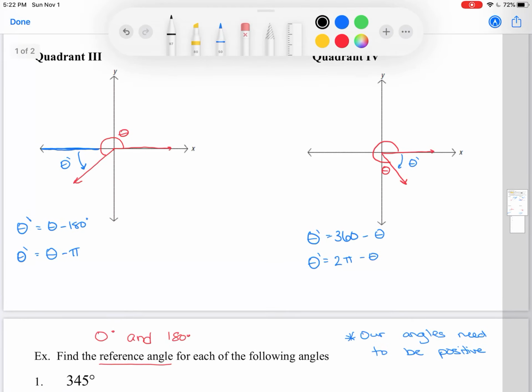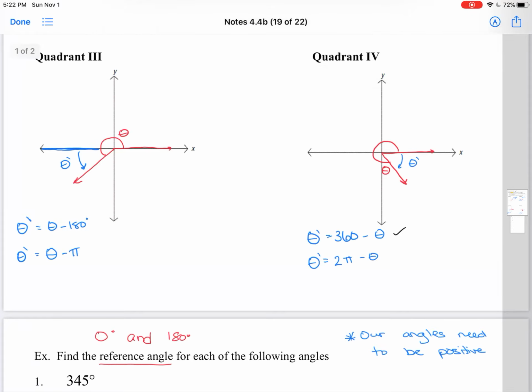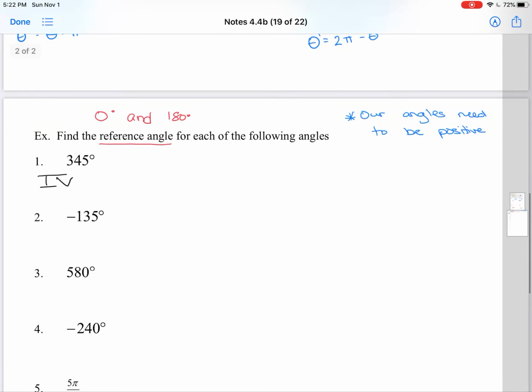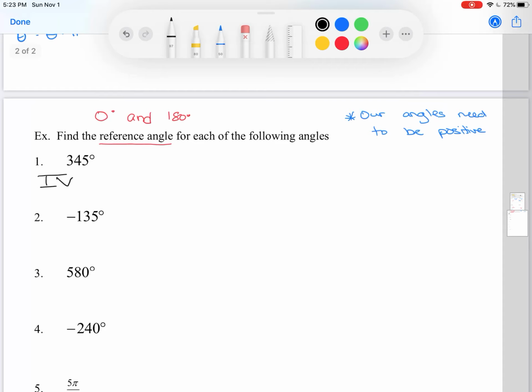If I were to graph 345 degrees, I'm going to know that that's going to fall in the 4th quadrant. Okay, so I can go up and remind myself, well, in the 4th quadrant, I was given degrees, so I'm going to use this first function here because it's going to keep my answer in degrees.